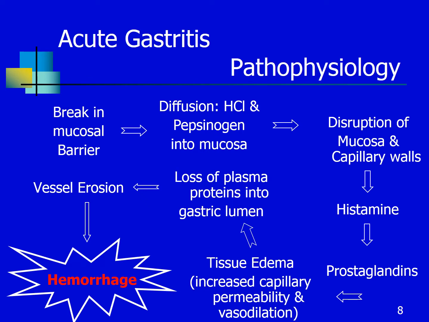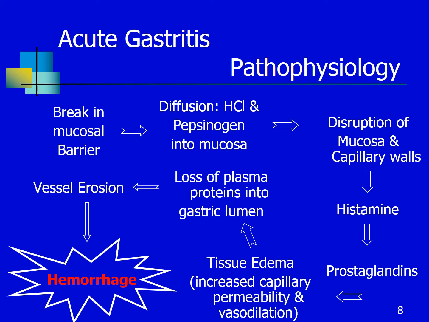So you have that break in the mucosa, and because there's a break, now you have an entry point, right? So diffusion takes place where you have acid entering into the area where it shouldn't be. That disruption of the mucosa and the capillary membrane causes the release of histamine, because now there's an injury, leading to prostaglandin being released.